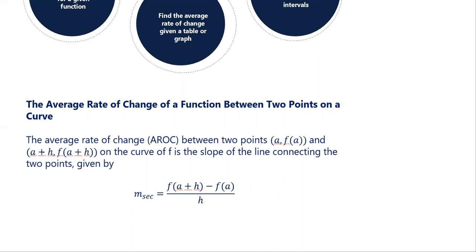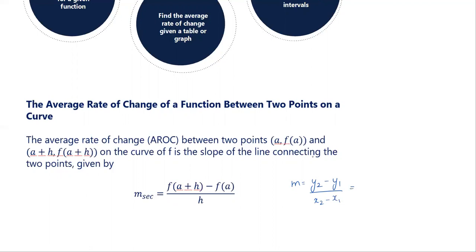If A plus h is the new point, its corresponding coordinate for the function would be f of A plus h. And so we're saying, well, this is the same as you had, I can write it out here. This is the same as your slope formula, which was y2 minus y1 over x2 minus x1.